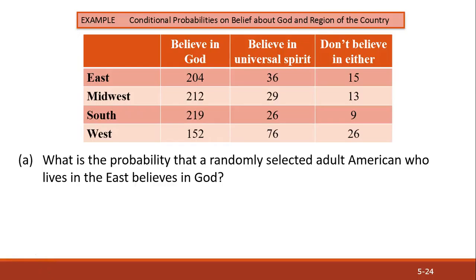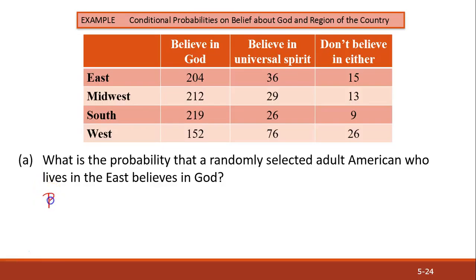And in the first example here, for using this table, we are asked, what is the probability that a randomly selected adult American who lives in the East believes in God? So I'm going to write out what exactly this is asking us to find according to the conditional rule.